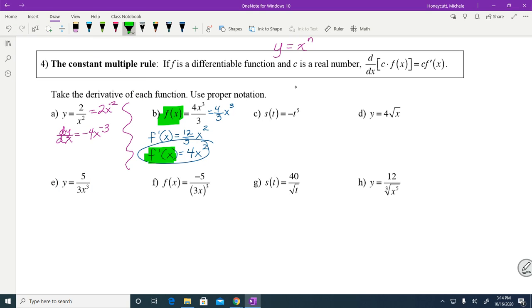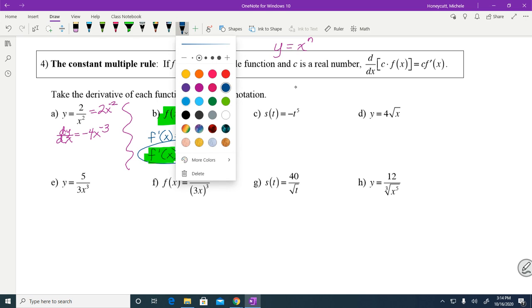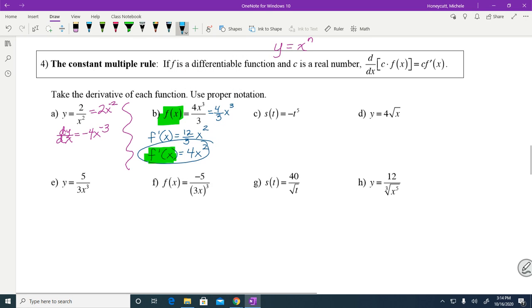Let's look at problem H. So problem H is 12 over the cubed root of x to the fifth, which is the same as 12 over x to the 5/3. But again, I need it written in the form x to an n power. So I need like a constant times the x. So 12 times x to the negative 5/3.